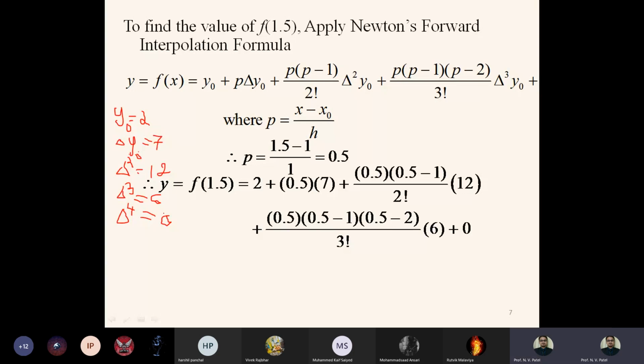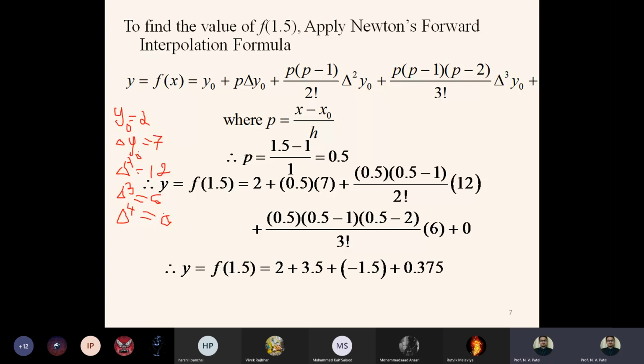So p is 0.5 into 0.5 minus 1 upon 2 factorial into delta square value 12. Next is p minus 1, p minus 2 upon 3 factorial into delta cube y0. So according to table, that value is 6. Now using our scientific calculator, calculate each term and then addition here.